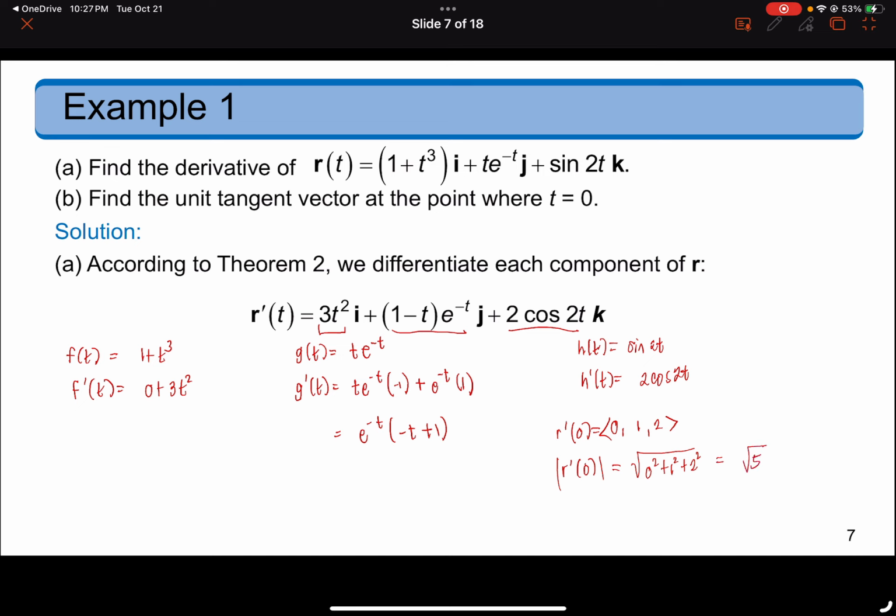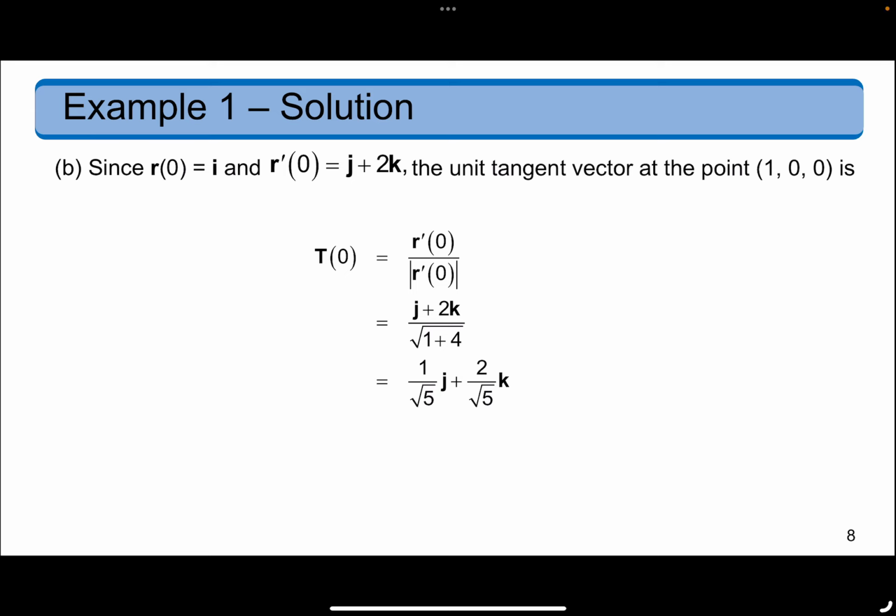So we divide the derivative 0, 1, 2 by the square root of 5. So we have the unit tangent. So after dividing 0i plus 1j plus 2k by the square root of 5, we will be having 0 over square root of 5 i, 1 over square root of 5 j, plus 2 over square root of 5 k.